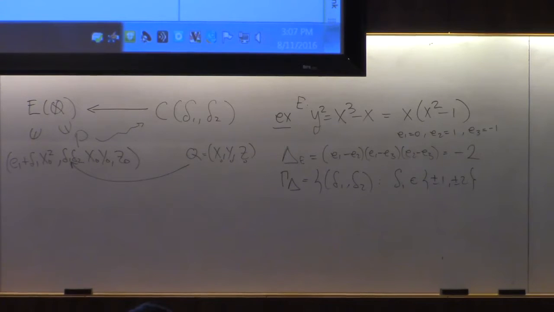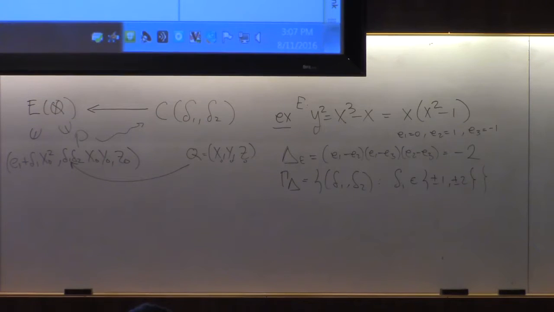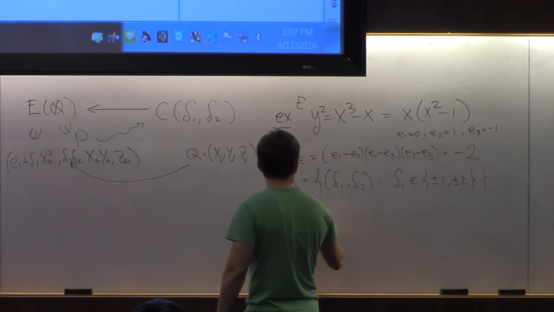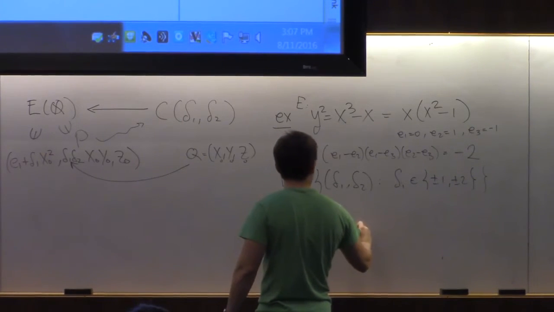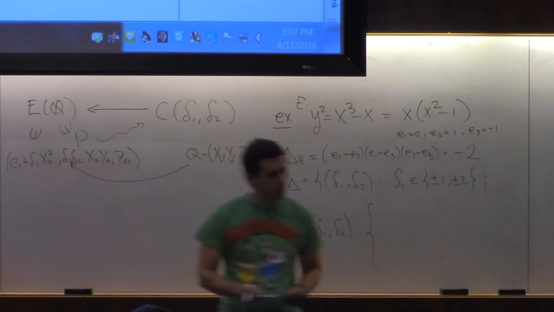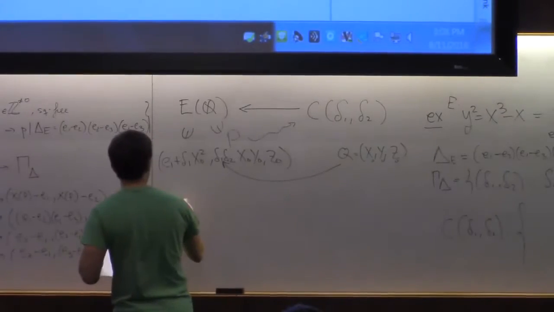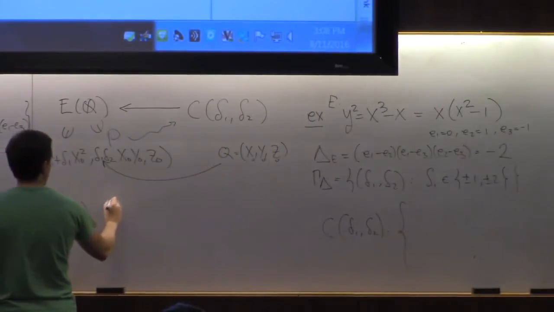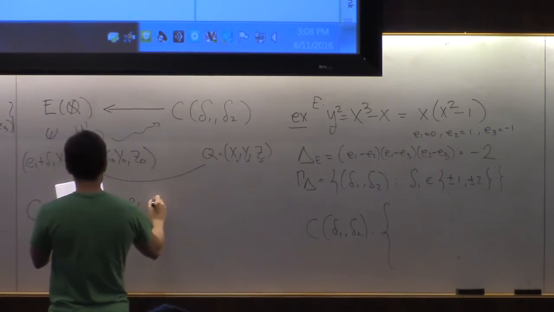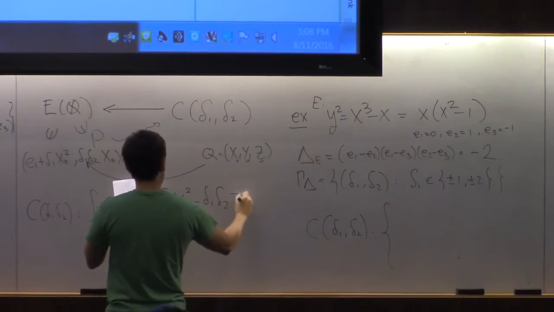There are 16 of those possibilities, and the homogeneous spaces that appear here, C delta 1, delta 2, are in general of this form. We reduced it to this form; you can reduce it in several ways, but we're going to use it like this.